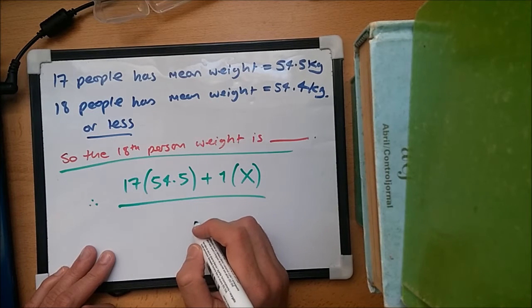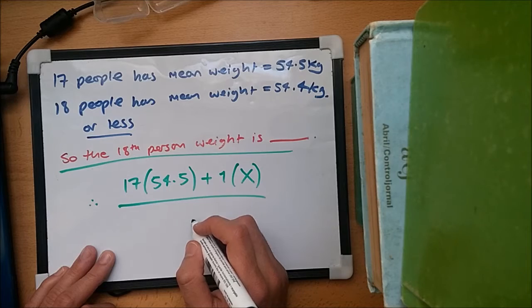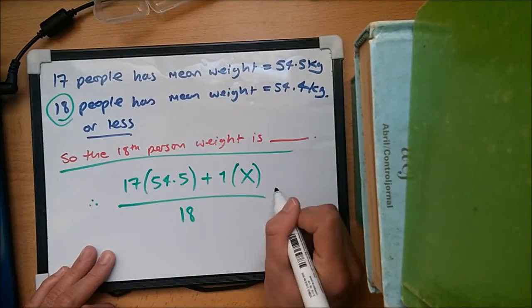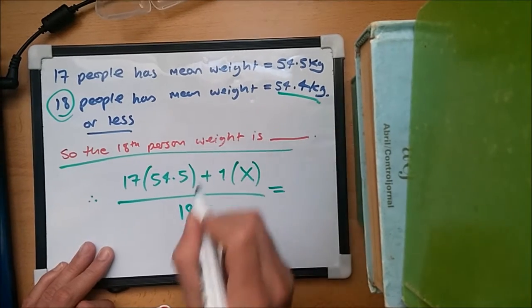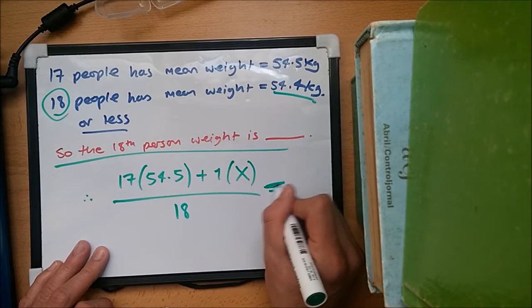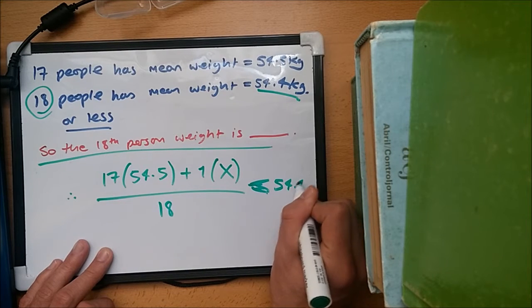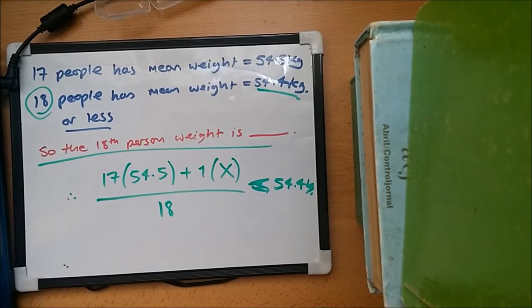And we divide by the total number of people in this investigation. We know there are 18 people, so we divide by 18. And all of this should equal this amount or less, so it could be less than or equal to 54.4 kilograms.